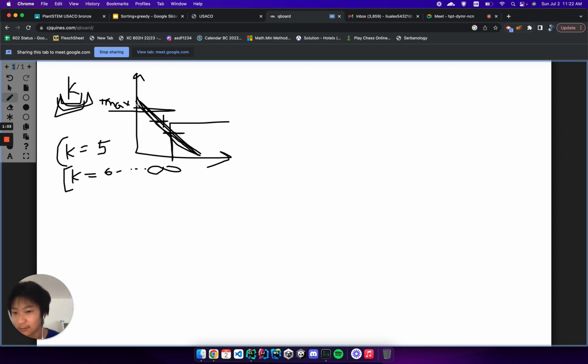If we have some K over here that gives us a T value greater than T max, we know all values less than K won't work either. So in other words, we can do a binary search until K fits within T max, and we try to find the smallest possible value using this binary search.